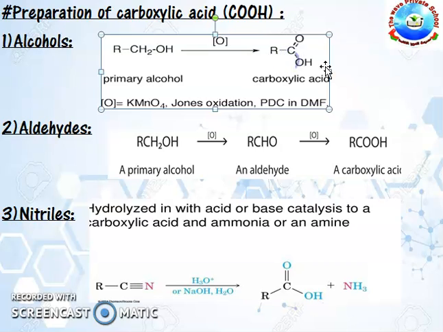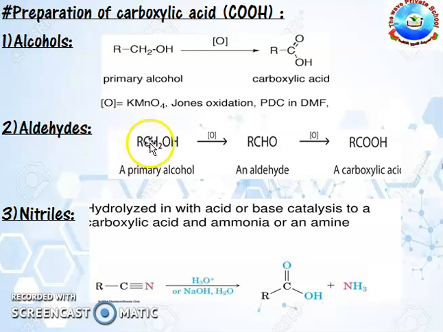Got it? Now let's see how it is prepared from aldehydes. Here again they have taken a primary alcohol. When they treat it with oxygen, the first step is the formation of aldehyde, that is RCHO. There is no more oxygen present yet.